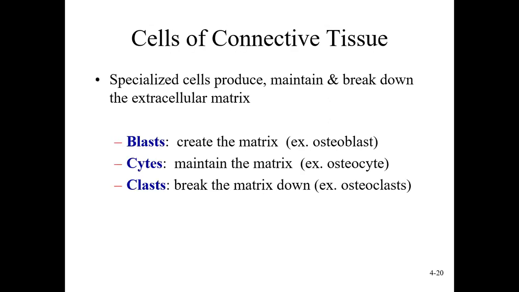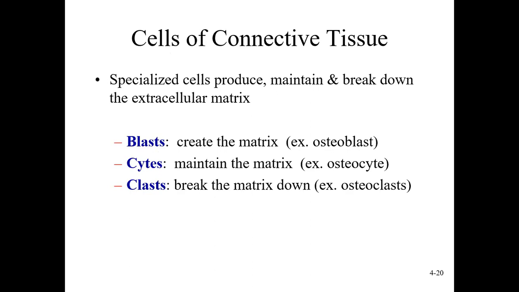Now, when you find connective tissue, you also find certain cell types, and these cell types are responsible for making and maintaining that extracellular matrix. So make a note of each of these endings. These are the endings of a couple of words: blast, cyte, and clast. Anytime you see the ending blast, that cell type is responsible for making the extracellular matrix.